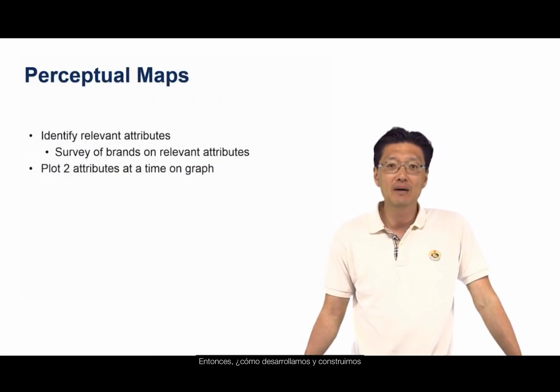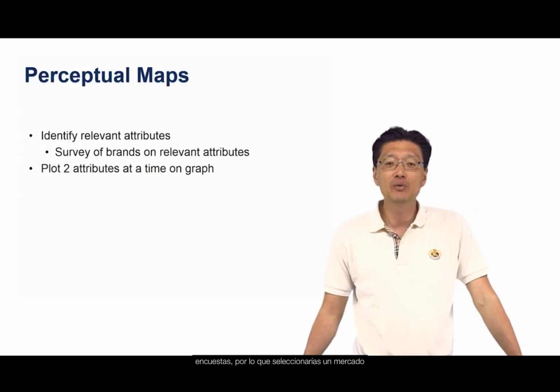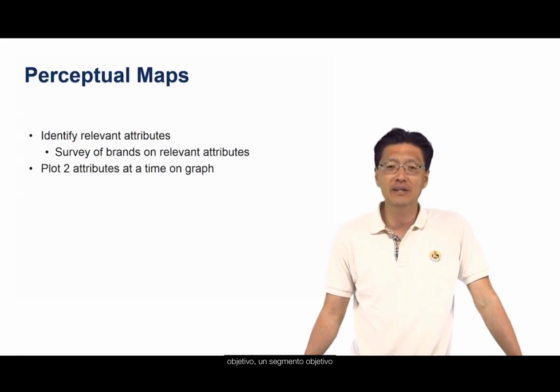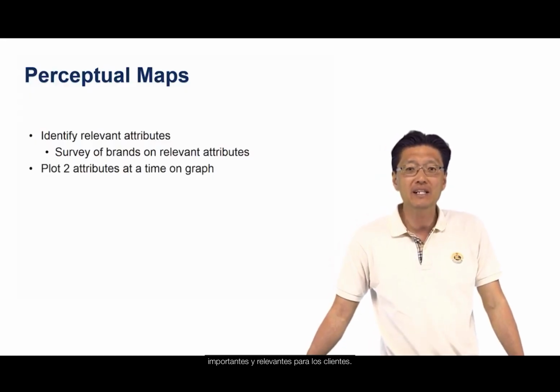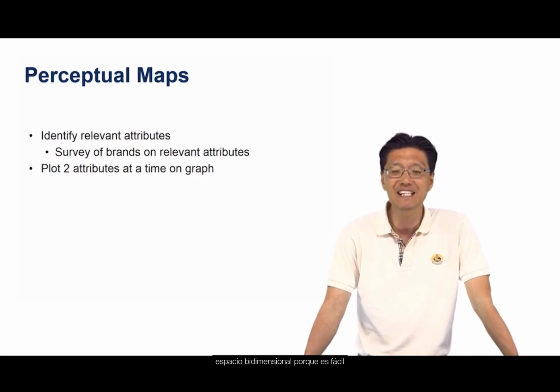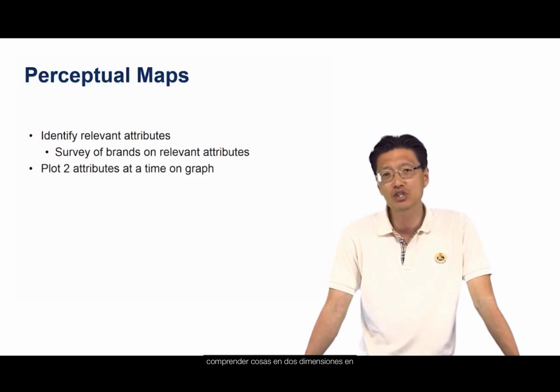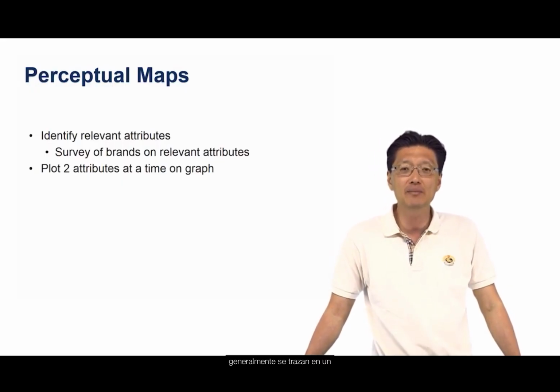So how do we develop and build perceptual maps? Well, typically it's done through surveys. You would select a target market, a target segment, and identify the attributes that are most important and relevant to customers. Typically, perceptual maps are drawn on a two-dimensional space because it's easy for people to visualize and comprehend things in two dimensions as opposed to three or four.